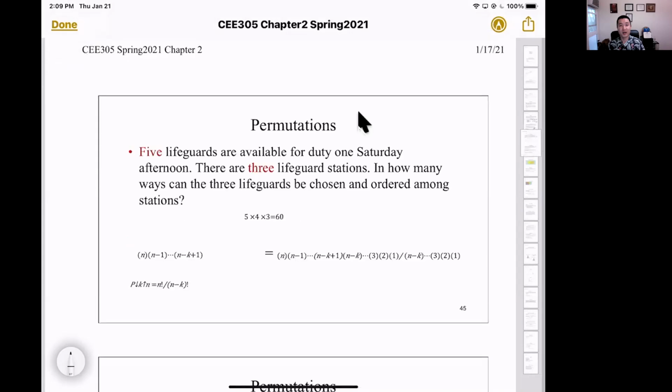And then let's introduce the idea of permutation. So 5 lifeguards are available for duty on Sunday afternoon. There are 3 lifeguard stations. The question is how many ways can the 3 lifeguards be chosen and ordered among the 3 stations.